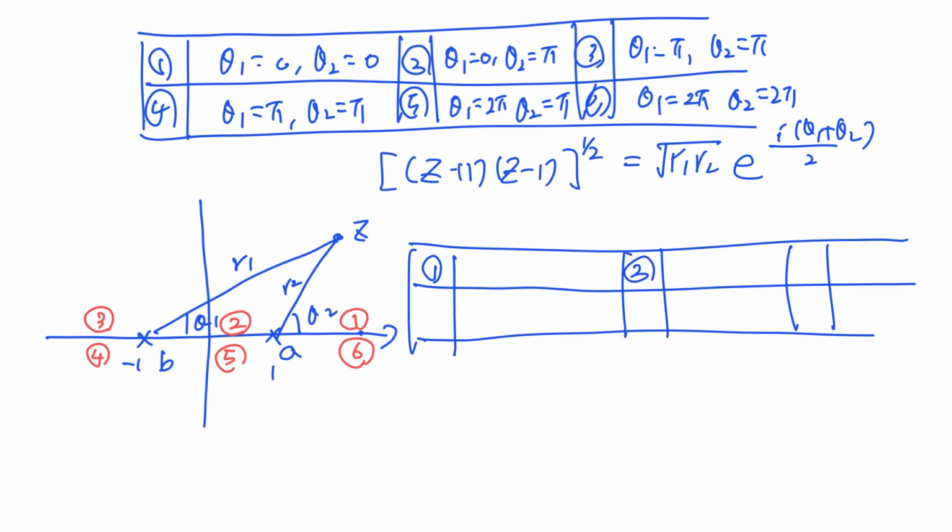Points 1, 2, 3, 4, 5, 6. Now let's calculate one half of theta 1 plus theta 2. At this point, both are 0, right? So it is again 0. Here, theta 1 is 0 at this point, theta 2 is pi, so one half is pi over 2.